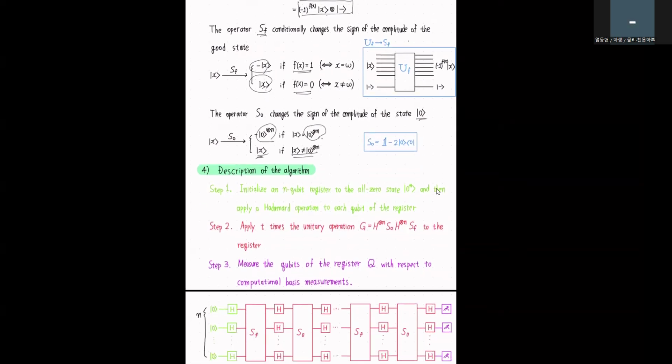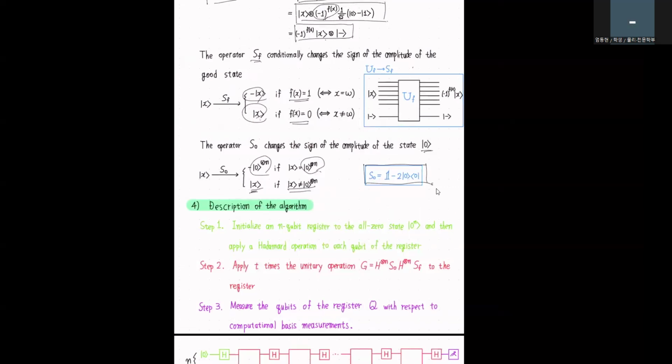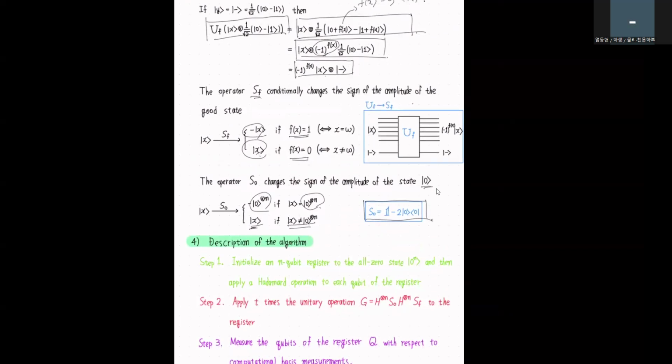If x is all zeros, then we get minus 0, of course. And if x is not 0, we just get the state x. And this operator can be represented as so. So these are all the pieces of our puzzle.